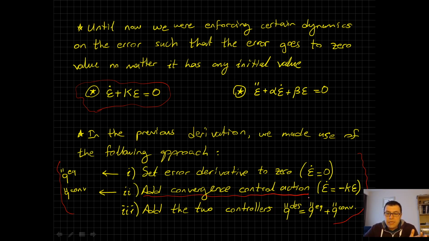Here, if you change the convergence action from minus KE to mu times signum E, so if you use the signum function, then you have a discontinuous control action in the system, which provides finite time convergence. There are mathematical proofs for that, and if you change this with a signum function, it will be called sliding mode control.